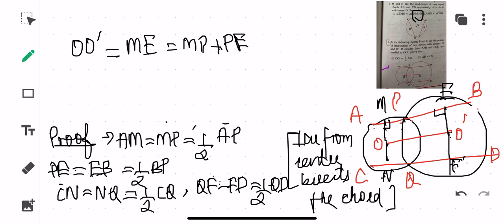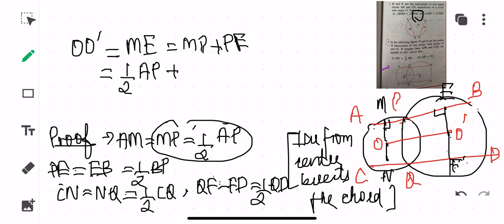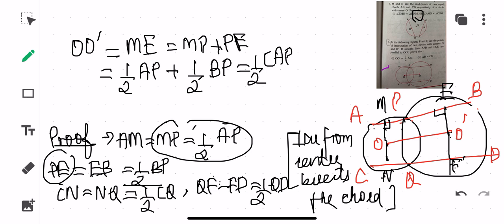Then how much is MP equal to, children? Is this equal to half of AP? Yes, it is equal to half of AP. So write down half of AP, plus how much is PE equal to? Is it equal to half of BP? Yes, it is equal to half of BP. And then if you take half common, you get AP plus BP.